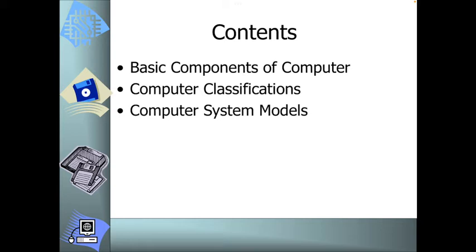We are going to look first at the basic components of computers, and then we will look at the computer classifications, and last but not least we will discuss computer system models. As I mentioned before, we have 3 models. Don't worry, because we will look at all of this in this session.